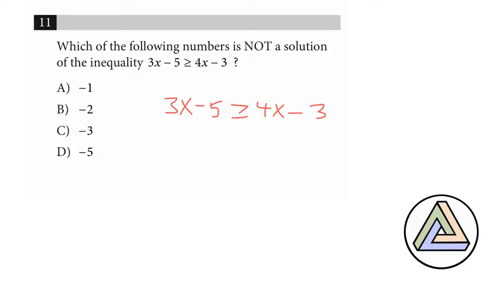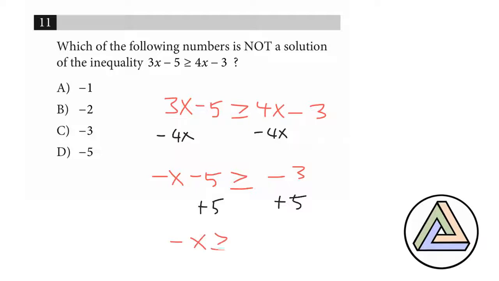So let's subtract 4x from both sides, and we end up with negative x minus 5 is greater than or equal to negative 3. And then adding 5 to both sides would give us negative x is greater than or equal to positive 2.